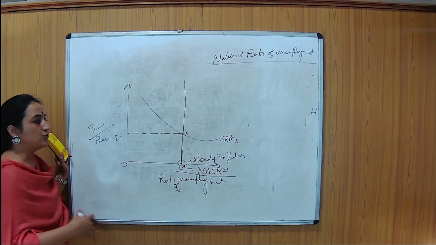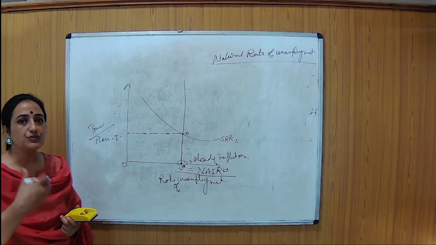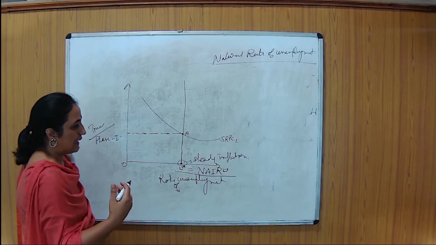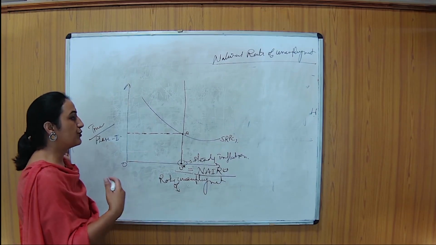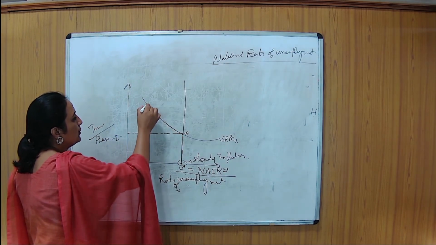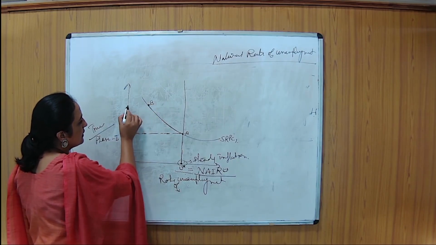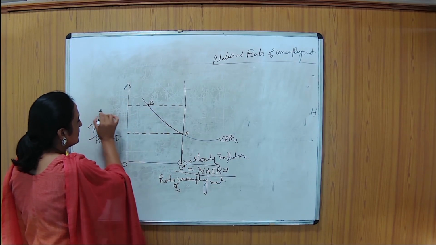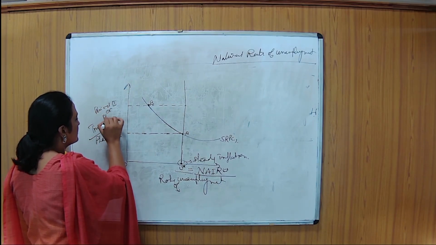Now we are going to assume that we move to the second phase, or period 2. Then we anticipate that the prices of goods and services will increase, or the economy will expand. So we go to point B here. This is a new point on the Phillips curve. It is for period 2, or phase 2.